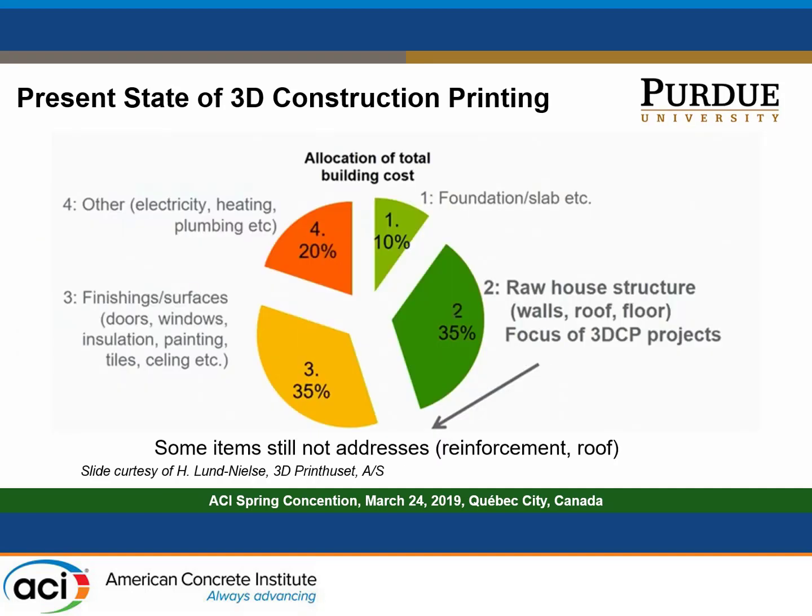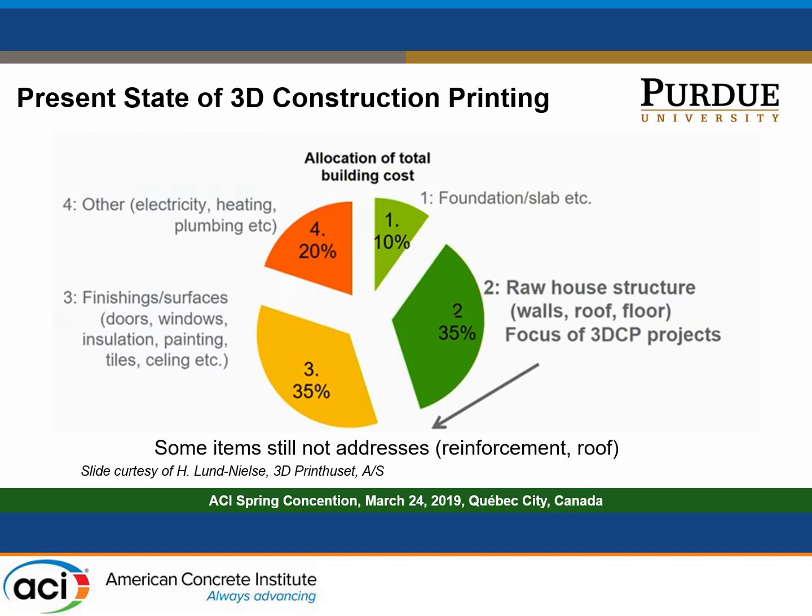The other thing is the economy of the whole process. If we start thinking about printing houses, printing the elements like walls, it's only about 35% of the total cost of the building, and you can see the associated costs over there.